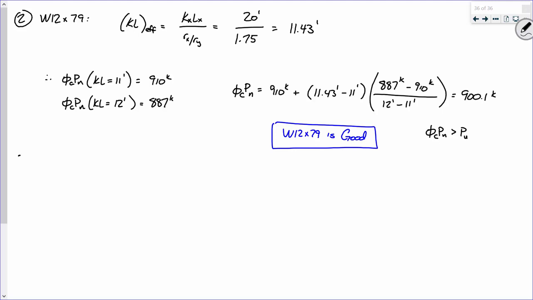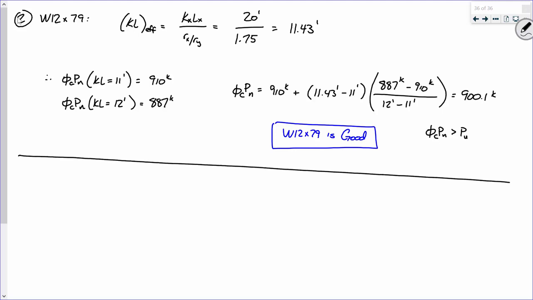Okay, so one of the things I ought to mention right off the bat is the measure of efficiency that we did before. Sometimes it really doesn't work when you're dealing with columns and beams. Remember how we took the load and divided it by the resistance to get the measure of efficiency?